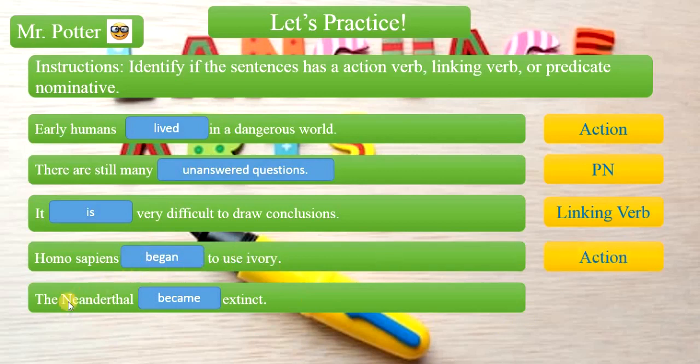Very good. And number 5, the Neanderthal became extinct. The verb in here is became. What kind of verb is it? Linking verb. Excellent. Remember that you need to write these examples in your notebook, okay? And you need to practice.